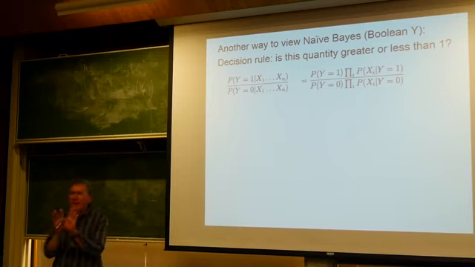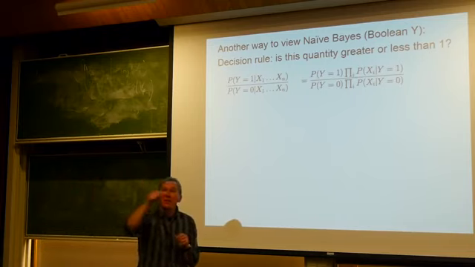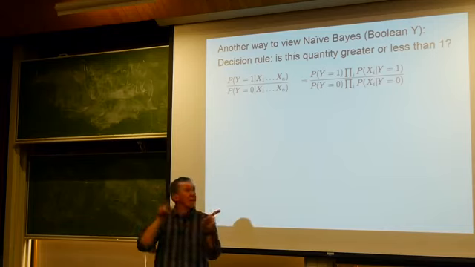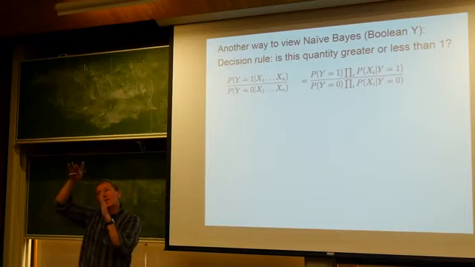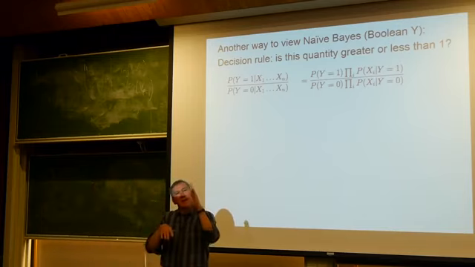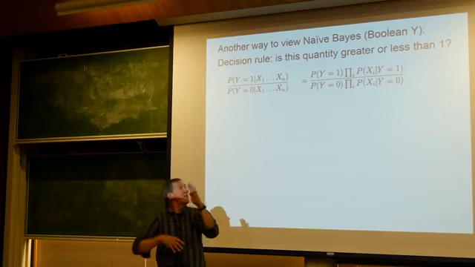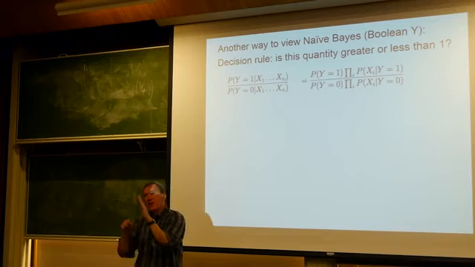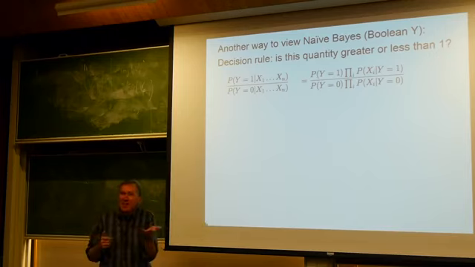That is, if we were to plot the x sub i's on different axes and plot each of our training examples and test examples as points in that n-dimensional space, and then if we were to train our classifier and show the region of the space where it labels things positive, where it assumes y equals 1, versus negative, where it assumes y equals 0, what's the shape of that surface going to be? It's actually kind of an interesting question.